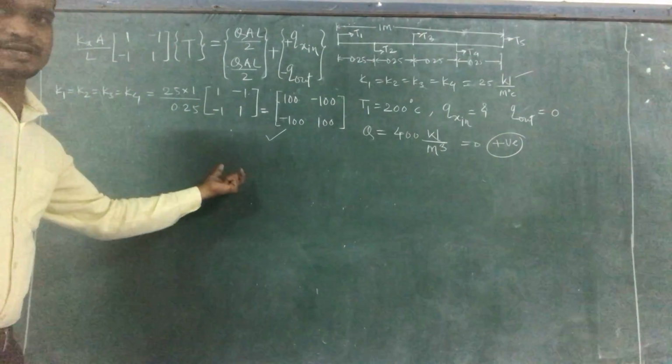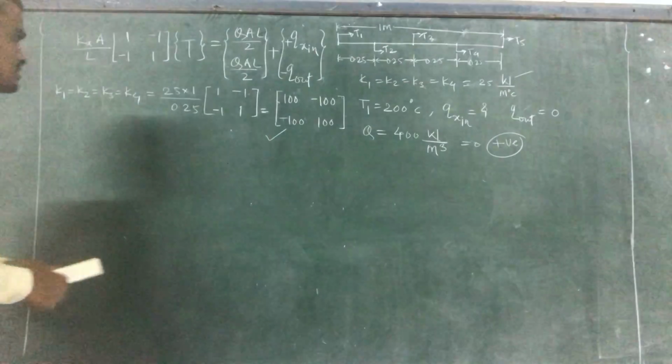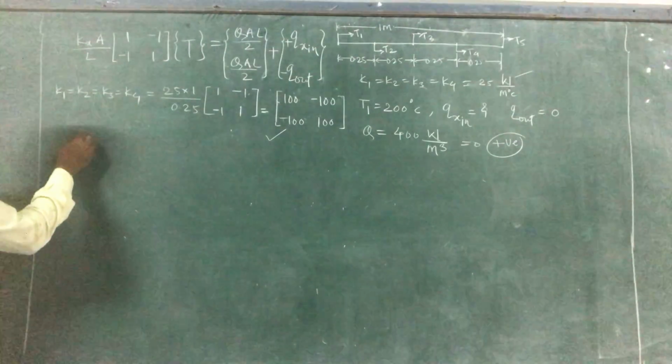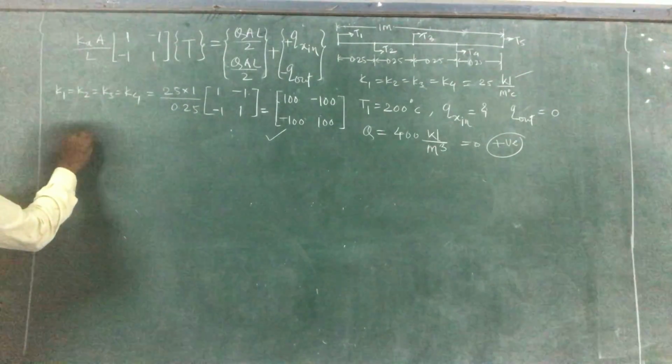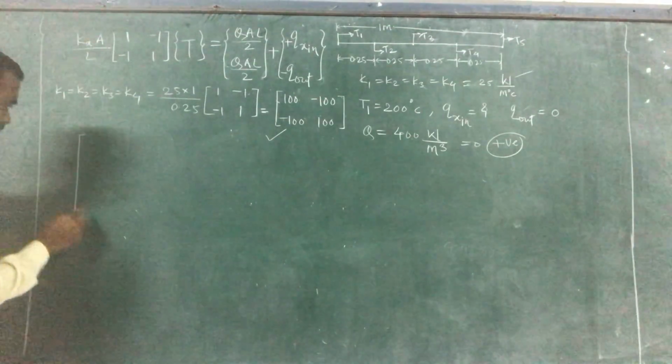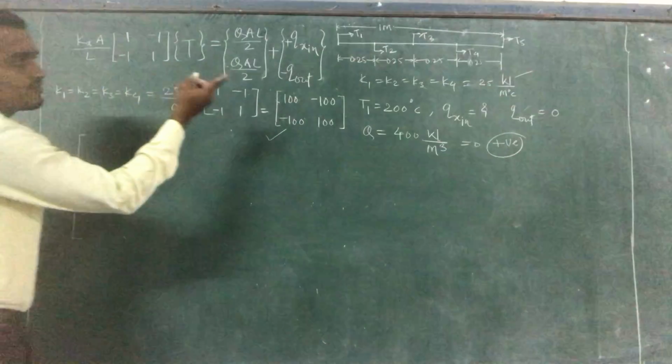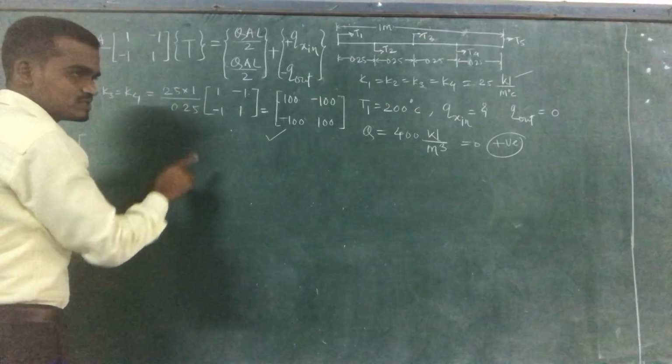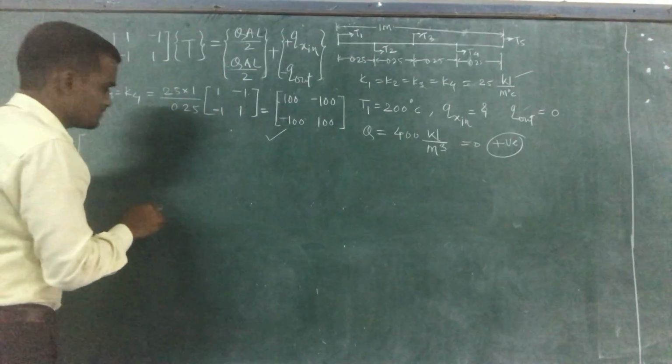construct the global stiffness matrix for these 4 elements. So as we know that the global stiffness matrix, it is given by, so it should be of order, as there are 5 nodes, so the order of that global stiffness matrix must be 5 by 5. Okay.